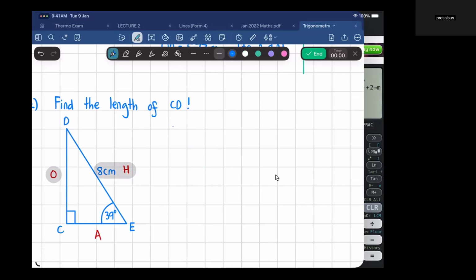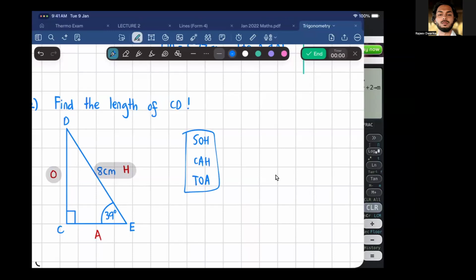But you can't mix it up: SOH, CAH, TOA. SOH, that's sine. Sine is opposite over hypotenuse. Before you start the question, write this down.